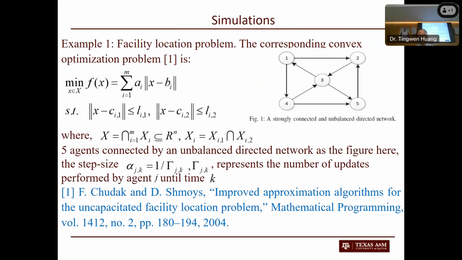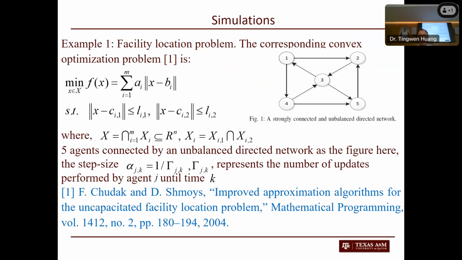So this problem is to minimize the function f of x. f of x is defined as the sum of x minus bi times a parameter ai.